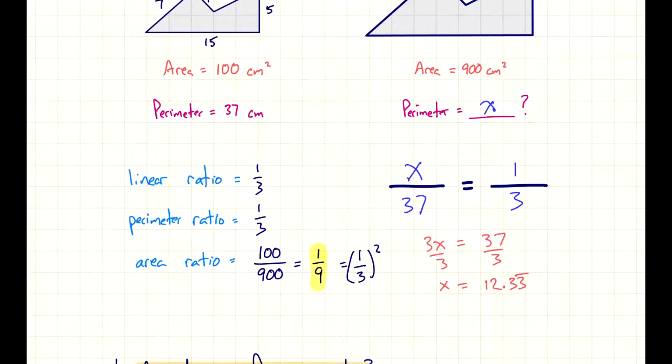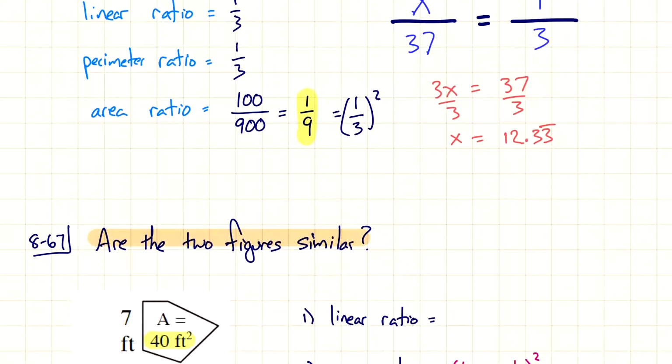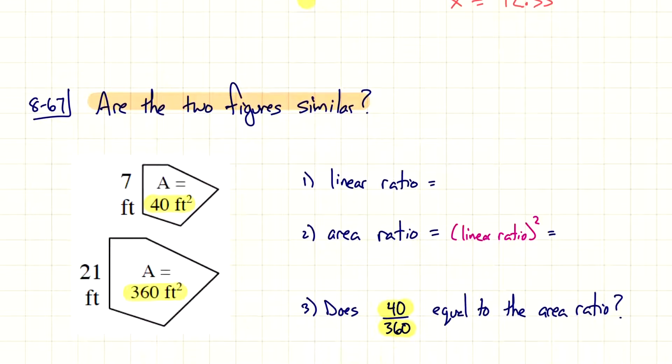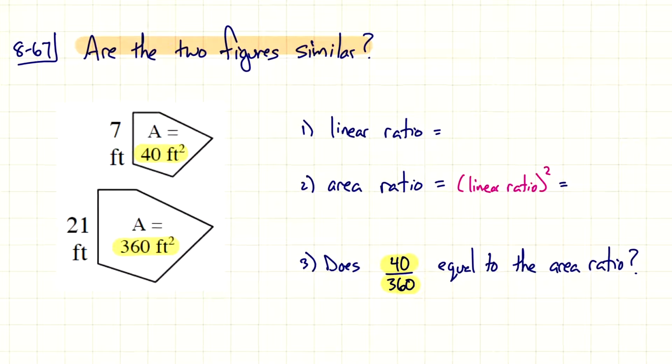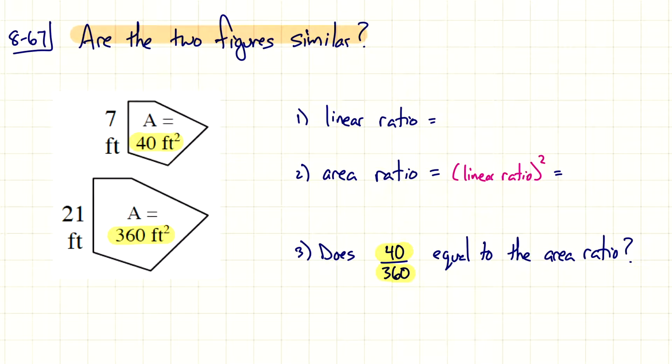So, all right, one last problem before we go, and that is just to verify if two shapes are similar. So maybe we're not trying to find a missing area or missing side. I just want to know if these two shapes are similar. They look the same. For sure they look the same. But are they similar?